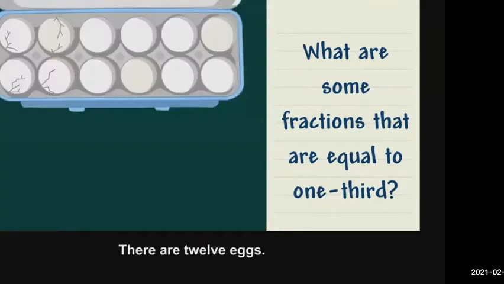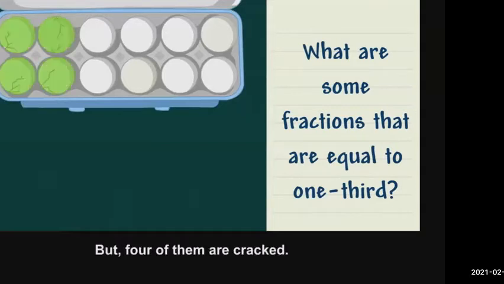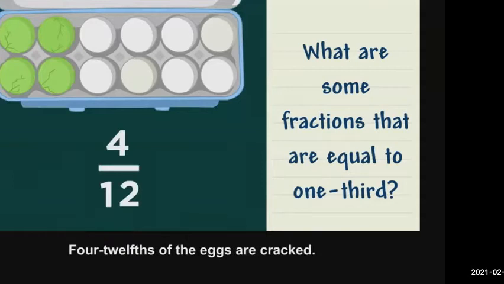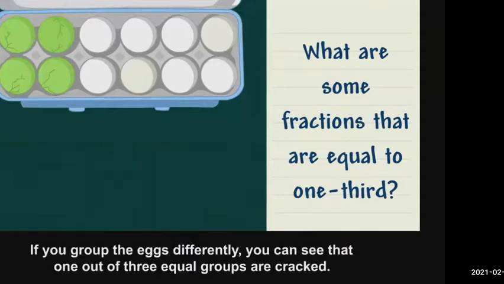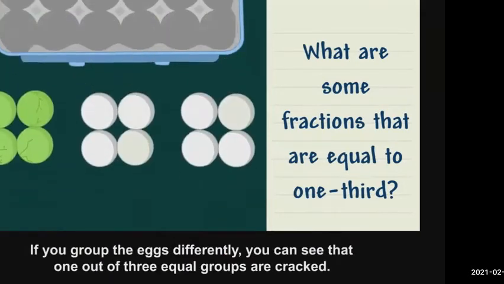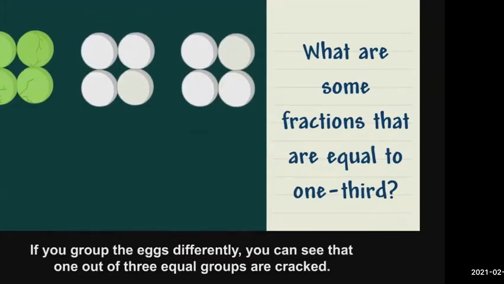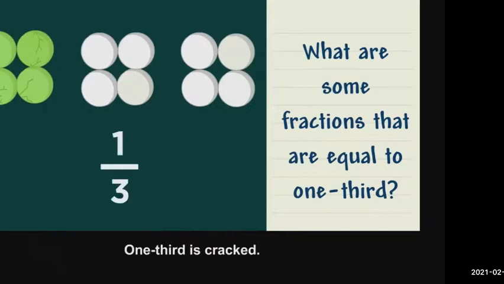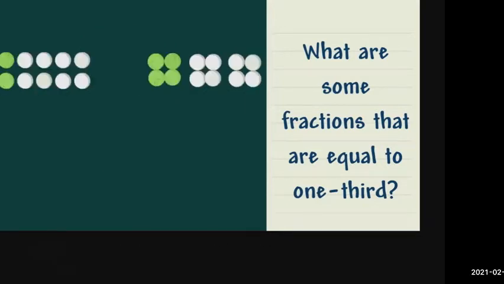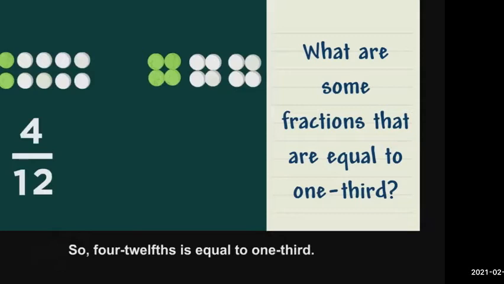There are 12 eggs, but 4 of them are cracked. 4/12 of the eggs are cracked. If you group the eggs differently, you can see that 1 out of 3 equal groups are cracked. 1/3 is cracked. So 4/12 is equal to 1/3.